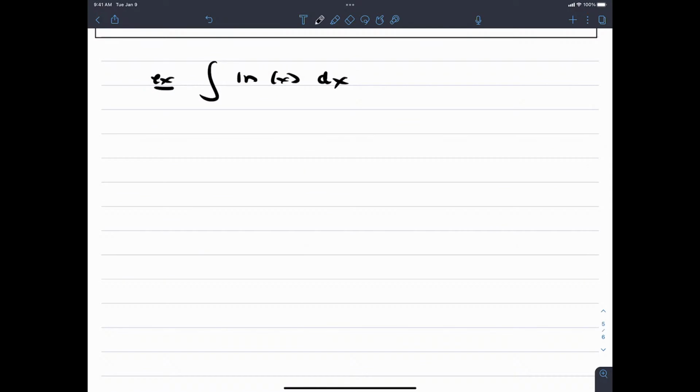Well, it is classic, but what do you guys think here? Is there a product of two functions here? Say no. I only see one function.